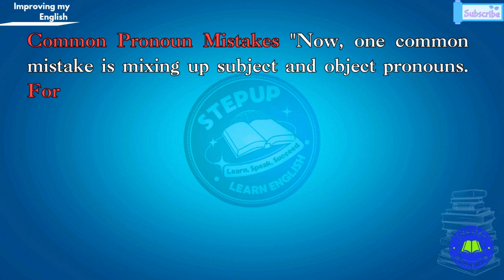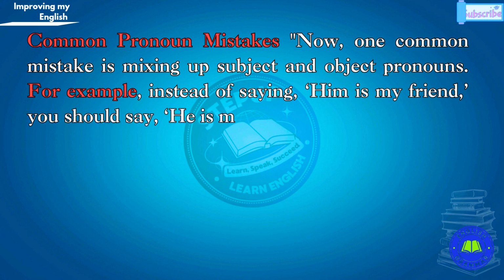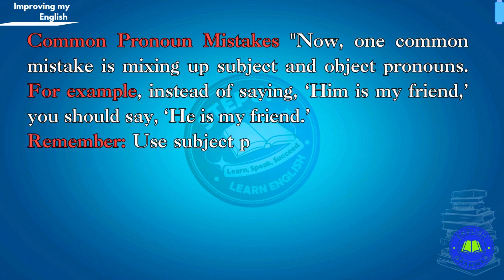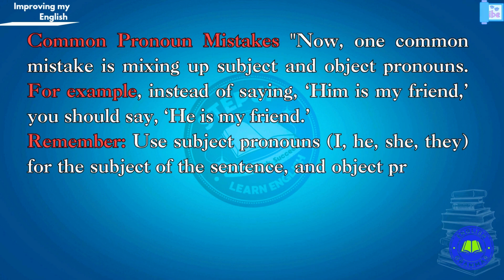For example, instead of saying, him is my friend, you should say, he is my friend. Remember, use subject pronouns, I, he, she, they, for the subject of the sentence, and object pronouns, me, him, her, them, for the object.